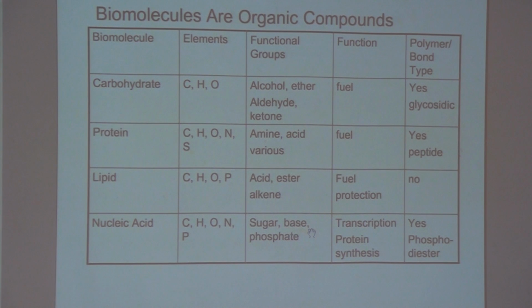Nucleic acids are polymers. They're long chains of nucleotides. Each nucleotide consists of a sugar, a base, and a phosphate. And then the bond which connects the nucleotides together is called the phosphodiester bond. Phosphorus-oxygen bond.